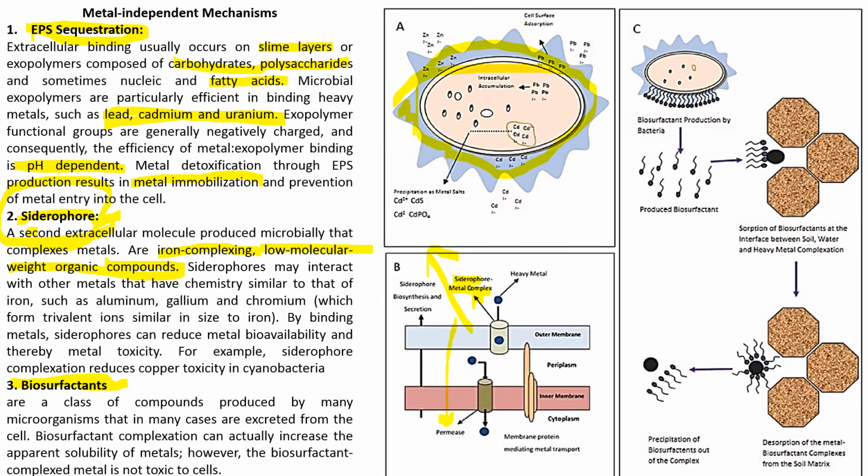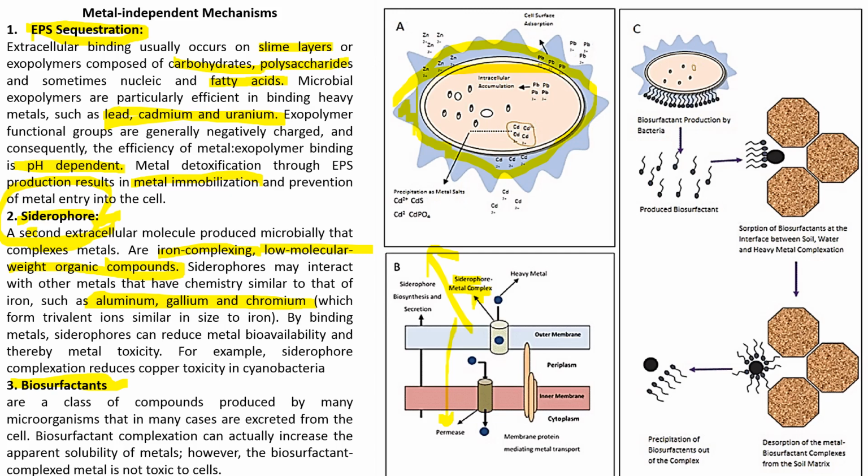Usually siderophores are produced to complex ions, that is Fe2+ and Fe3+. But since aluminum, gallium and chromium have very similar chemistry to that of the Fe3+ ions, they can be used interchangeably.